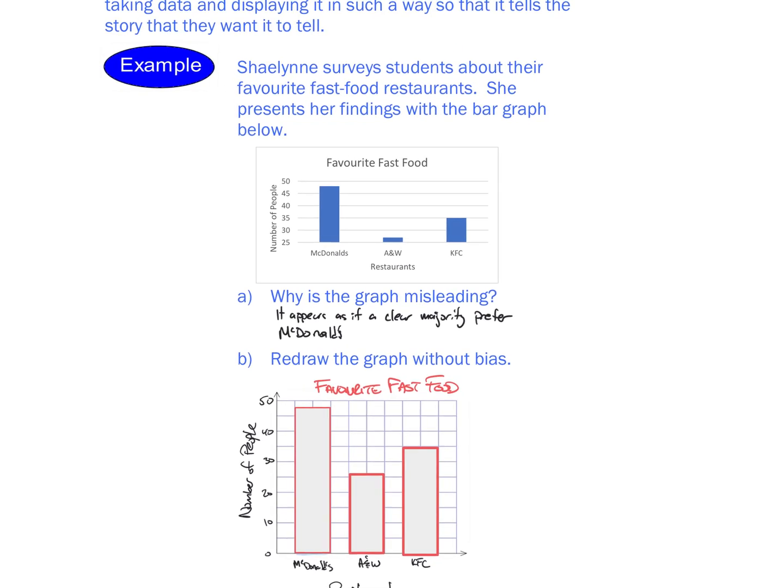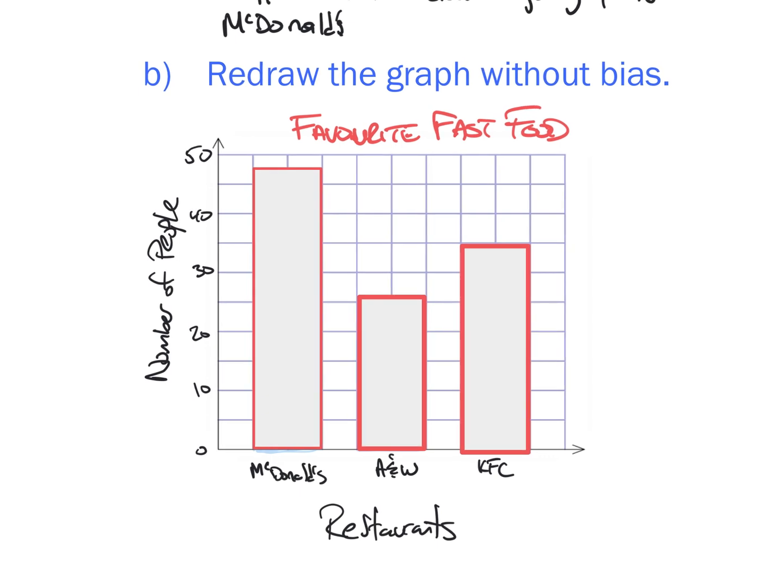Like it looked like before, the McDonald's bar was at least twice as big, where we can see the number of people that prefer McDonald's is not twice as big as the number of people that prefer KFC. Okay? So that's a way to exaggerate the differences between those three restaurants.